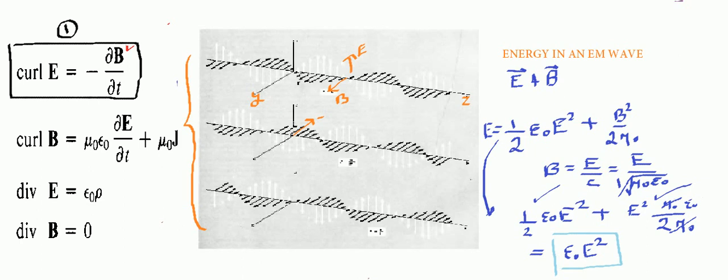Agreed. This also says a very interesting thing: that these two are the same. How are these two the same? Because when we use this particular formula in our equation, we found that the first term is half epsilon naught E square and the second term is also half epsilon naught E square.